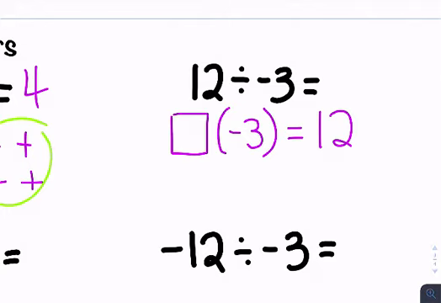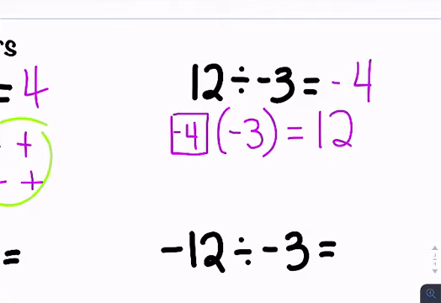Well, positive 4 groups of negative 3 would be negative 12. So this 4 has to be negative. So 12 divided by negative 3 is negative 4.